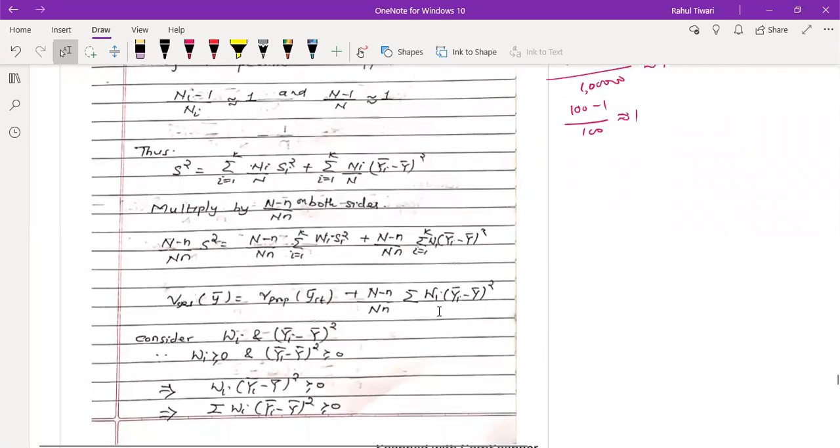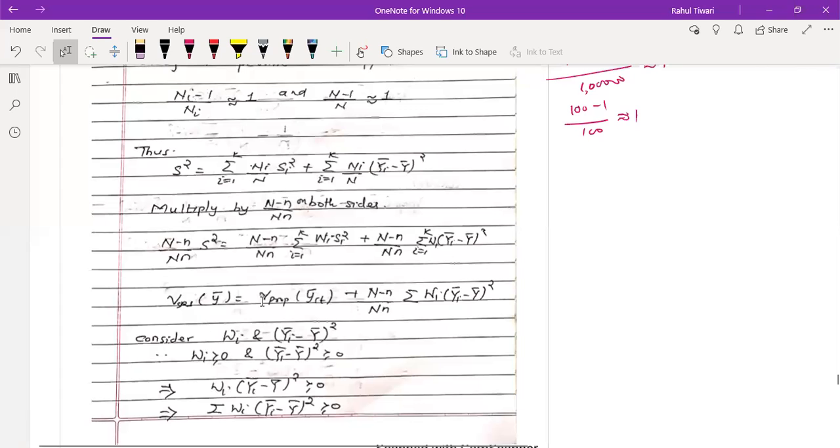So we need to check whether this quantity is positive or negative. If this quantity is positive, then the right hand side will be bigger. If this quantity is negative, then this part will be less. That is the concept here. If this quantity is positive, then the variance of y bar will be greater, because this is positive.